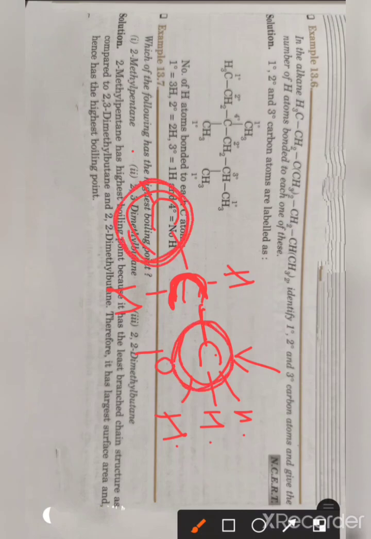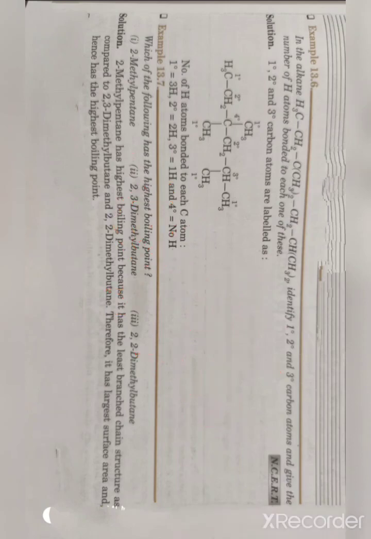So this carbon is attached to a single carbon, therefore it is 1 degree. If I talk about this carbon, one carbon is here and 2 hydrogens are here. In the case of this carbon, because it is attached to 2 carbons, one here and a second here, it will be 2 degree. So that is the concept you have to follow: check a particular carbon, how many carbons it is attached to, and on the basis of the number of carbons you get the degree.